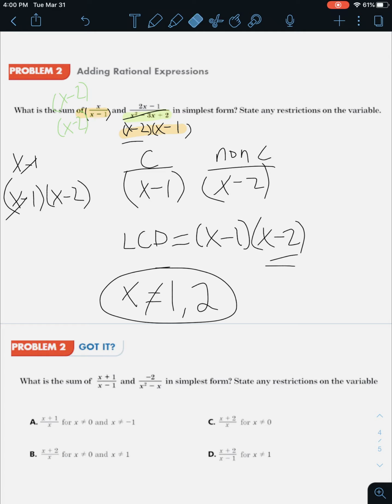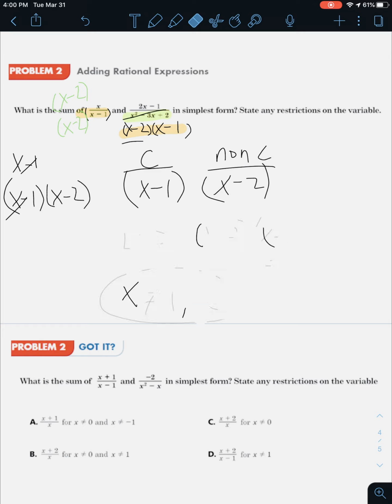Now I'm going to erase some stuff down here so I have some room to write. If I did this, now I have a common denominator of x minus 2, x minus 1 in both of these terms.